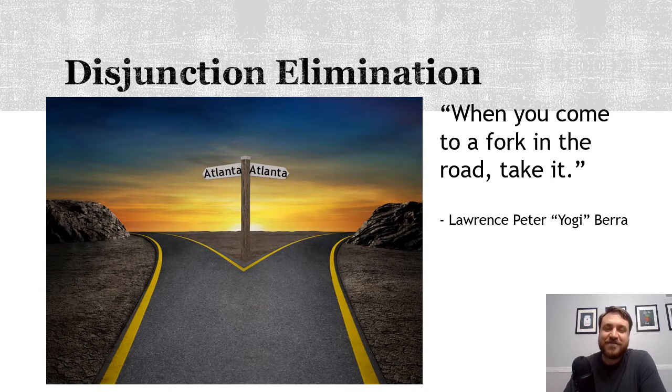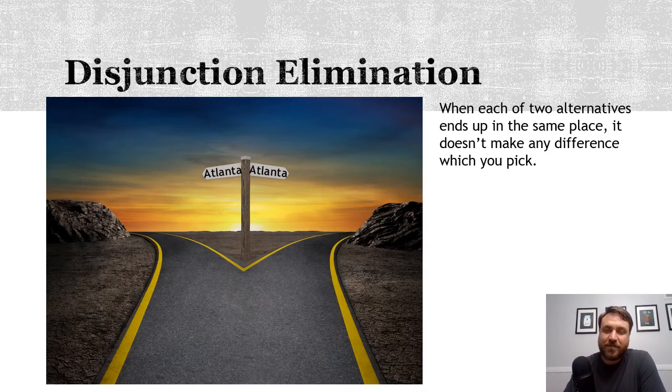Okay. And so if we look at this particular fork in the road, we've got two alternatives. But when each of the two alternatives just ends up in the same place, it really doesn't make any difference which you pick. And the whole point of disjunction elimination is to try and prove that it doesn't make any difference which of two alternatives you pick.